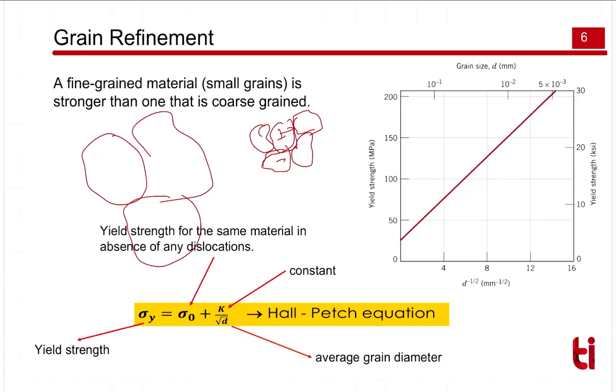So by decreasing the grain size, you can increase the strength of the material. This is given by the Hall-Petch equation, where yield strength is proportional to 1 upon square root of d, d is the grain diameter. As you are decreasing the grain diameter, you are increasing the strength of the material.